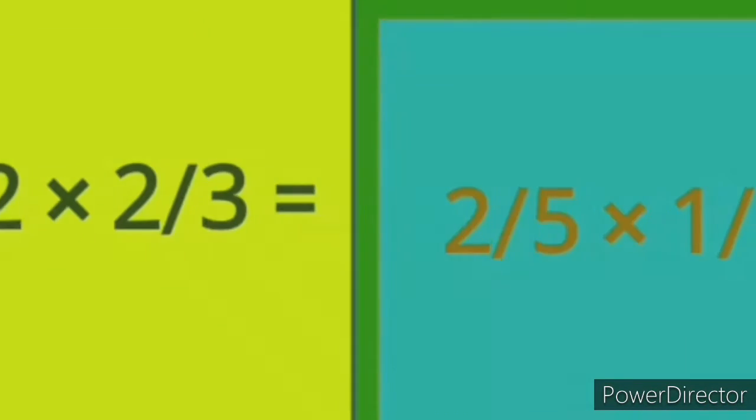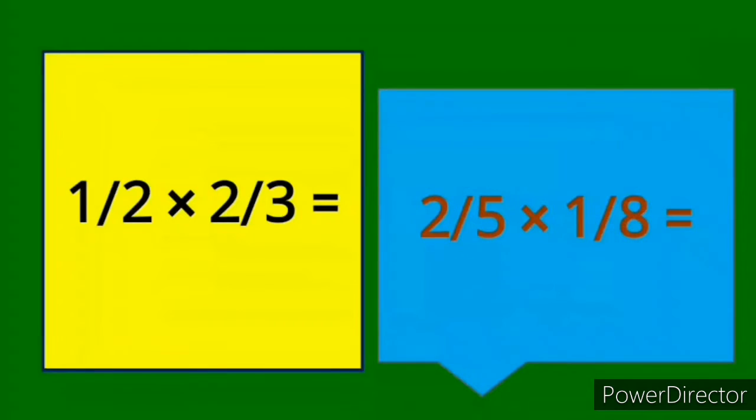Okay, let's have a review on multiplication of fraction. 1/2 times 2/3 is equal to, and 2/5 times 1/8 is equal to blank. Are you done?